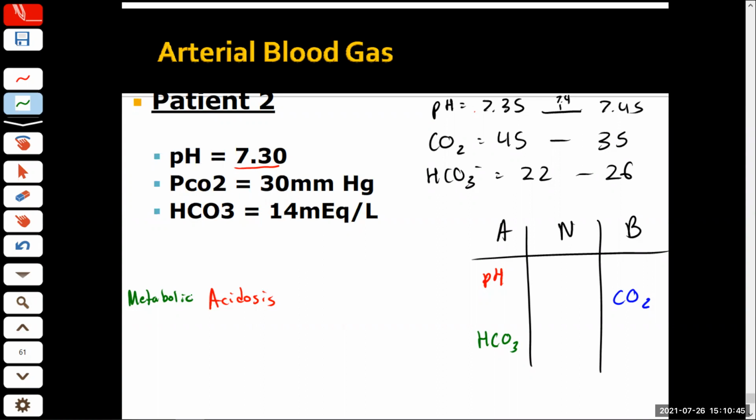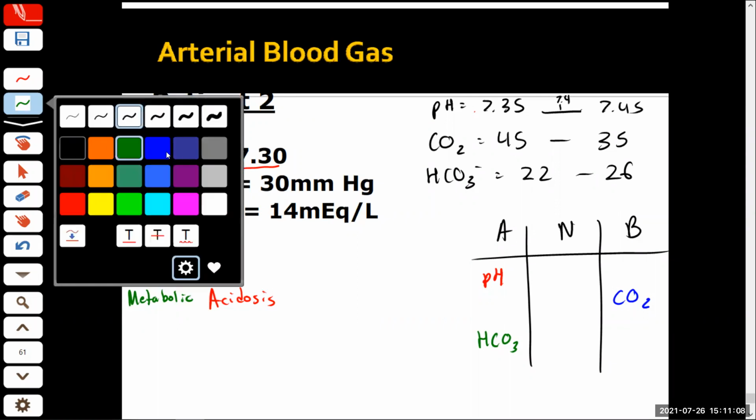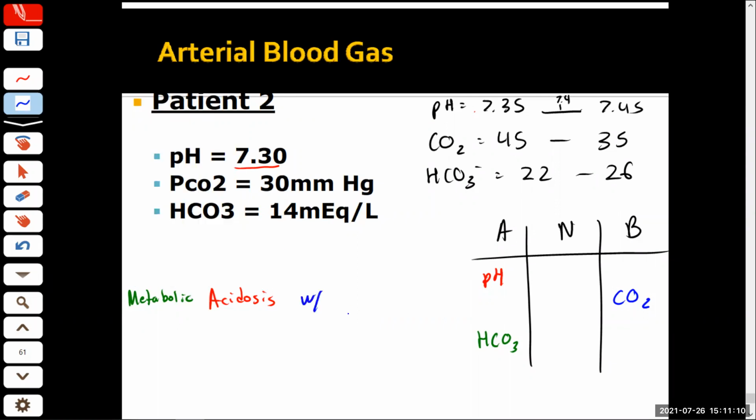Am I okay? Am I going to live with a pH of 7.3? My operational range is 7.35 to 7.45. No. My lungs are helping, but is it enough to keep me alive? Therefore, there's some sort of compensation, but not enough.